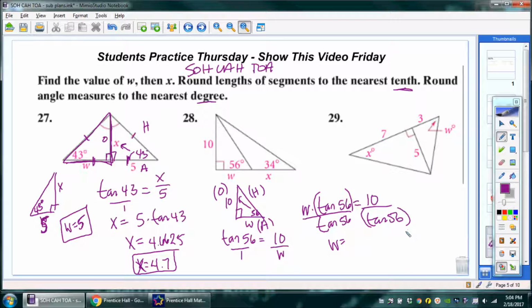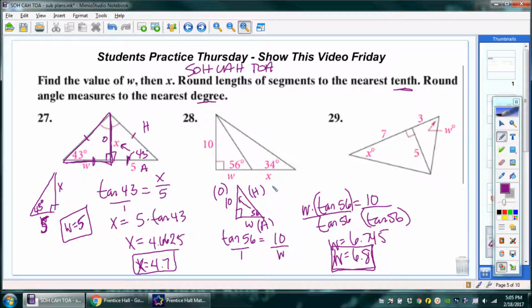Again, overemphasize parentheses. So tan of 56. So it's going to say 6.745. Direction says to the nearest tenth, so that's 6.8 for w. So 6.8 is your w.